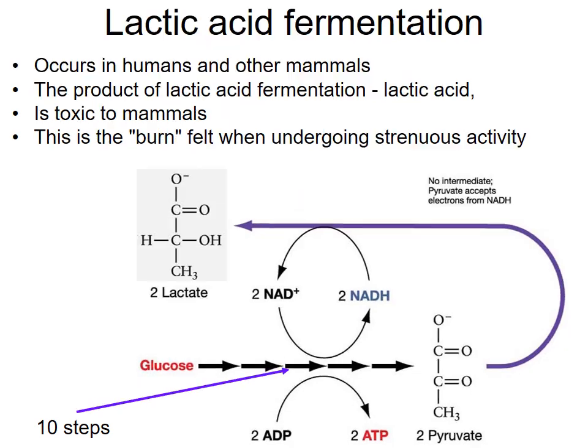By contrast, in humans and most other mammals, the final product or acceptor is lactate, which produces lactic acid. And this is actually toxic in the cells, or the muscle cells in particular of mammals.